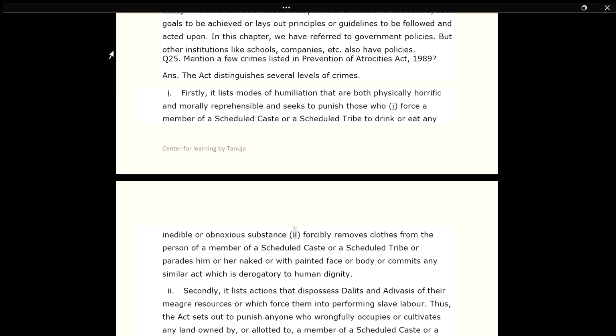substance. 2. Forcibly remove clothes from the person of a member of a scheduled caste or a scheduled tribe or parade him or her naked or with painted face or body or commit any similar act which is derogatory to human dignity. Secondly, it lists actions that dispossess Dalits and Adivasis of their meager resources or which force them into performing slave labor.